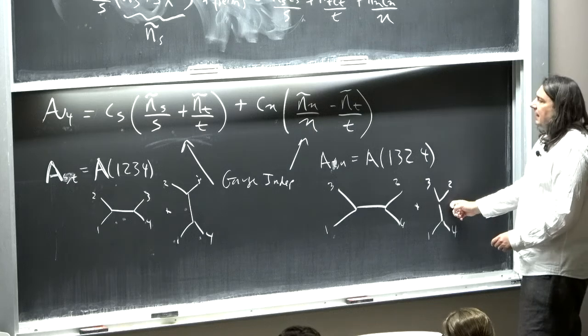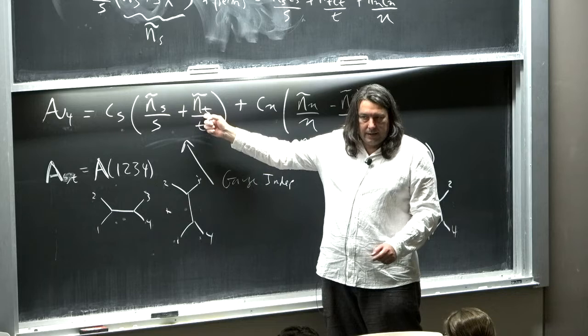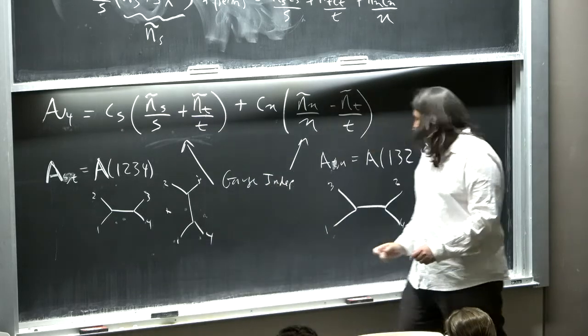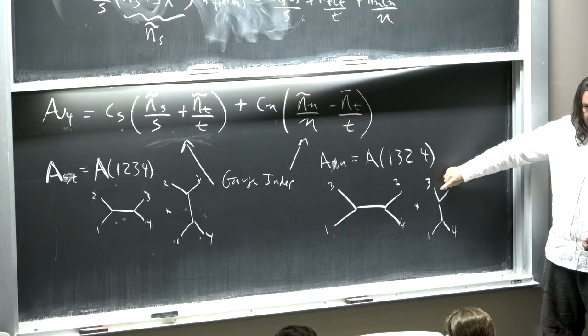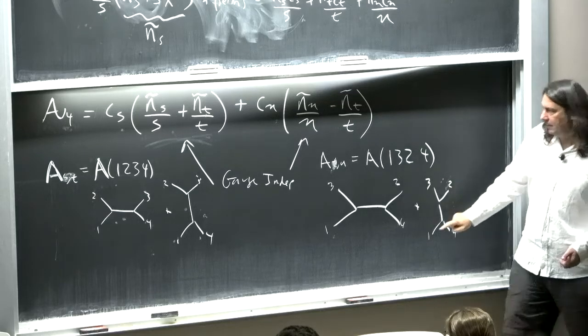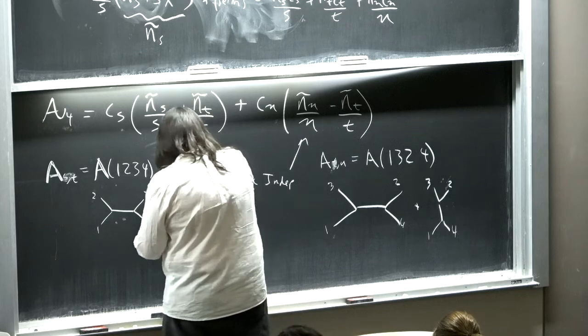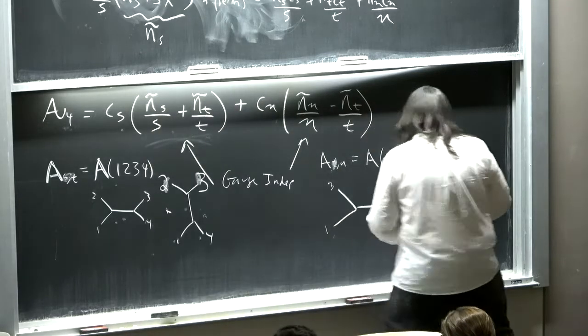And this is a lot like what I've called NT, the T graph over here, except what's different is this vertex is flipped. Right? This vertex. See? Let me write this very big. 2, 3. 3, 2.